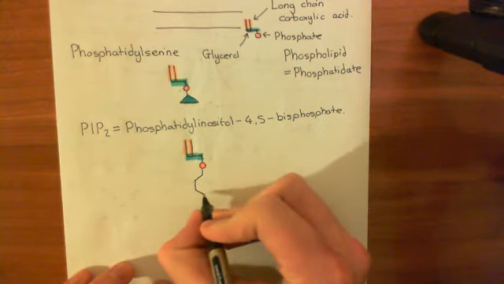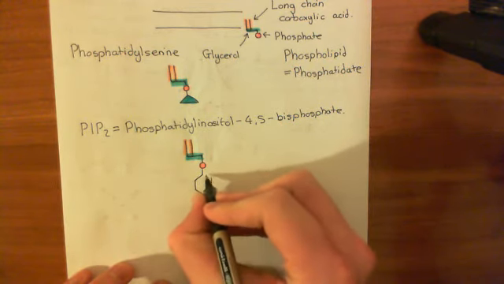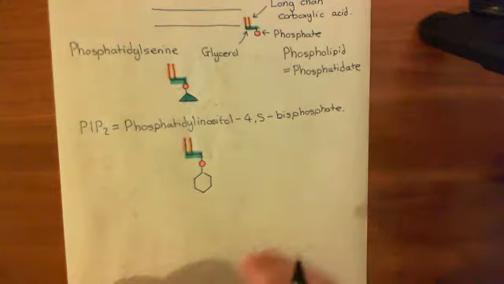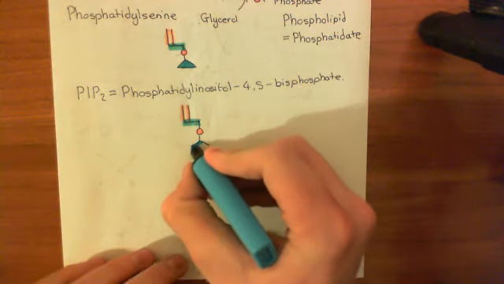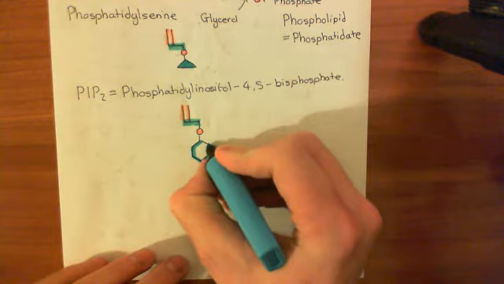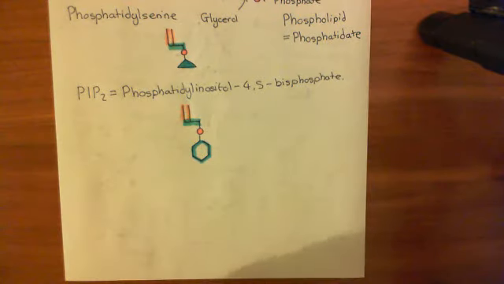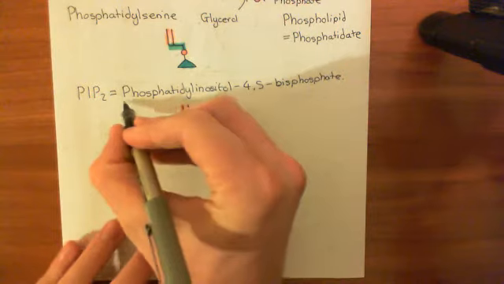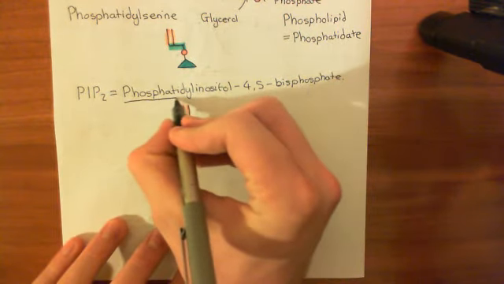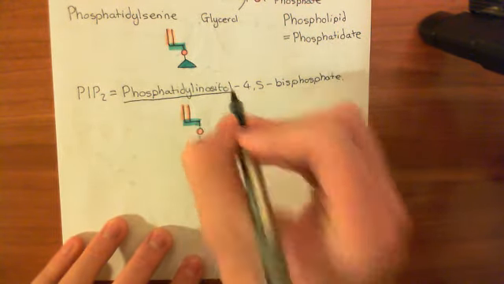Now, inositol is a 6-carbon ring where all of the bonds between the carbons in the ring are single bonds, okay? And every single one of the carbons in this ring has a hydroxyl group coming off it, and also a hydrogen coming off it. So it's an incredibly rotationally symmetric molecule. Now, what I've made so far, that is phosphatidylinositol. I've linked the phosphatidate group onto an inositol molecule.